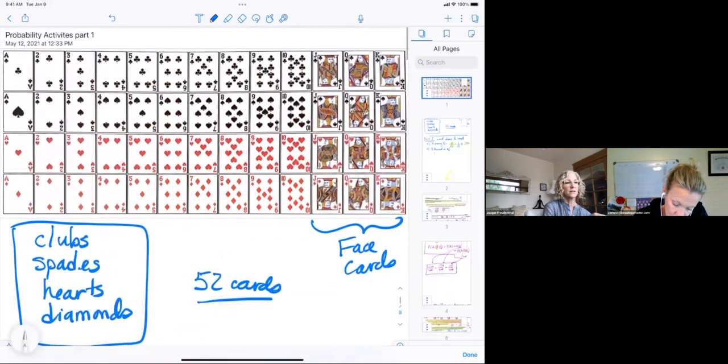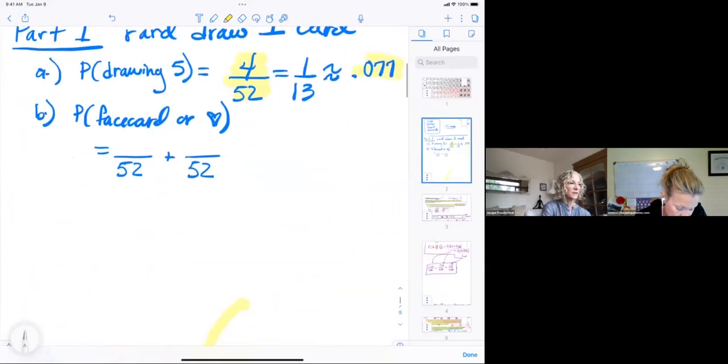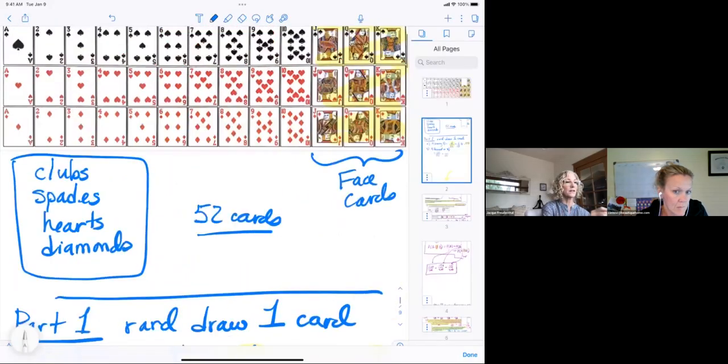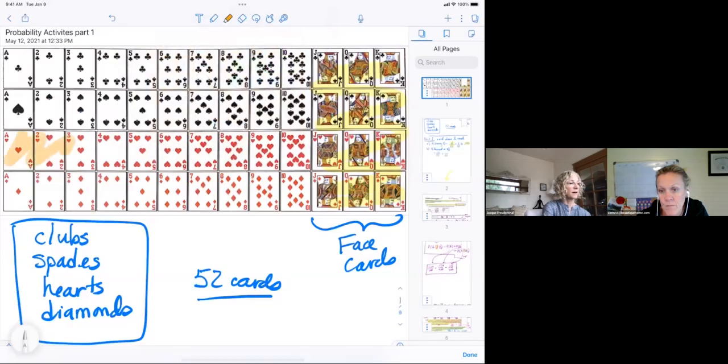Face cards, if I look in the corner, there are 12 face cards. So I know that I'm going to have 12 out of 52 for the probability of a face card or hearts. If I look at how many hearts, there are 13 hearts.